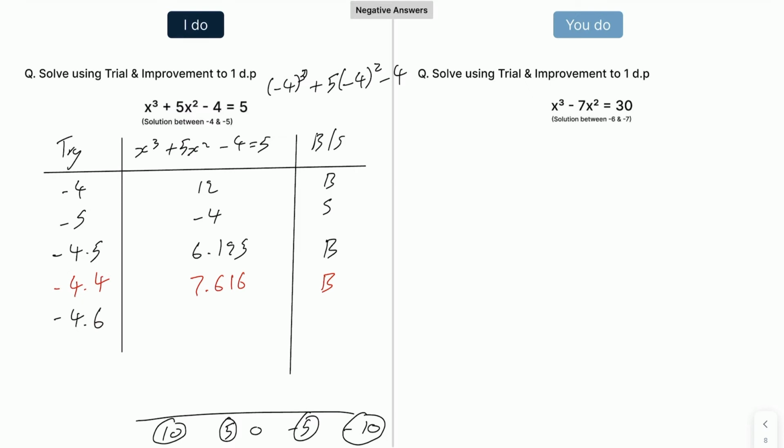And that gives you 4.464, okay, because -4.6 is smaller than -4.5, and you want to make the answer smaller, and that is now closer to 5. So essentially, we've now trapped the value between -4.5 and -4.6.